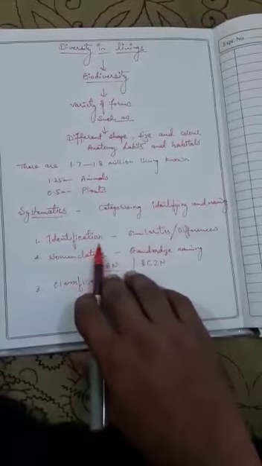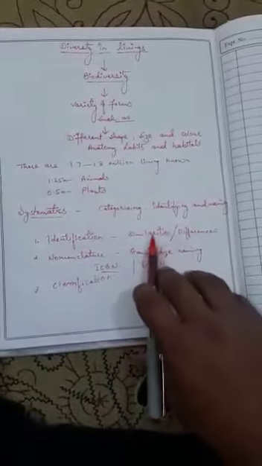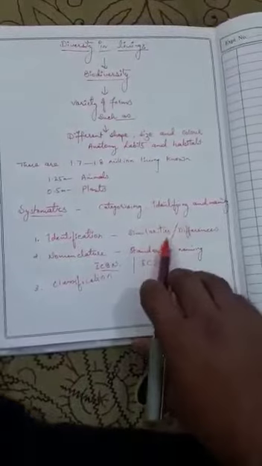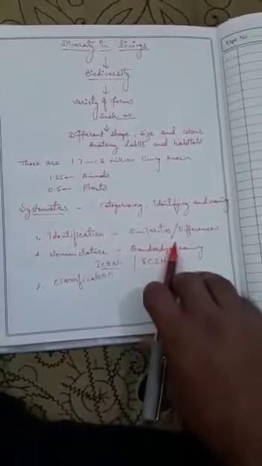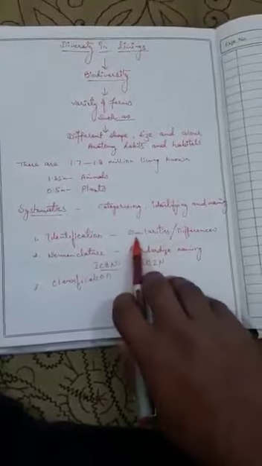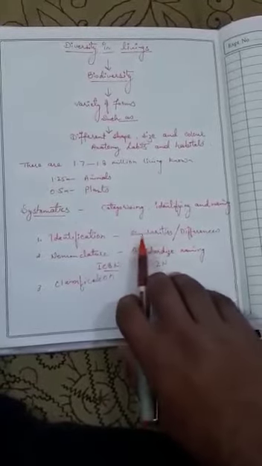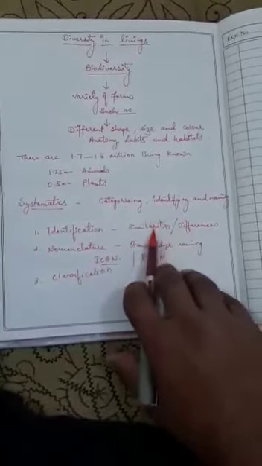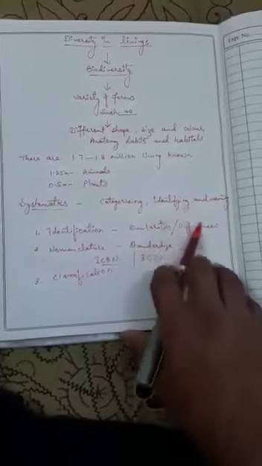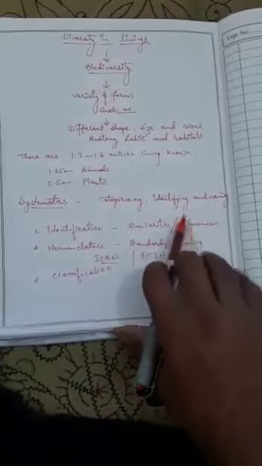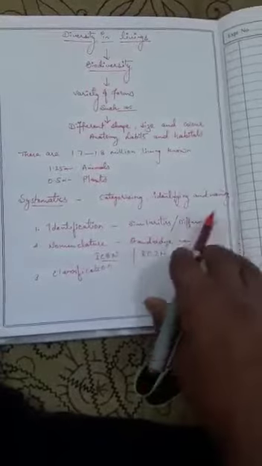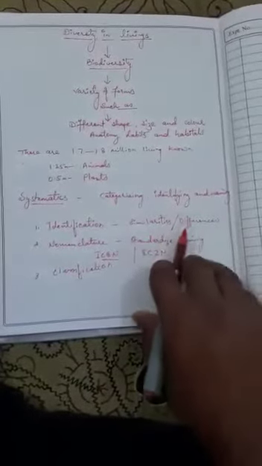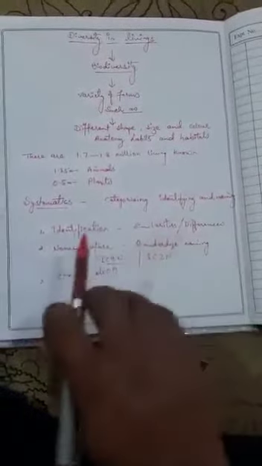In identification, the animals which are known to science are identified on the basis of their similarities and differences. The similar animals are grouped together, and if they have any difference, they are given a different section or grouped in different forms which are similar.